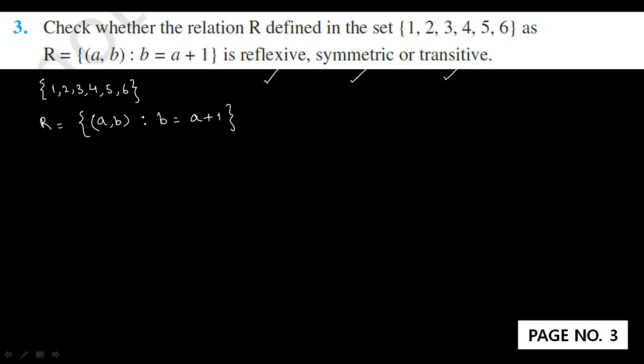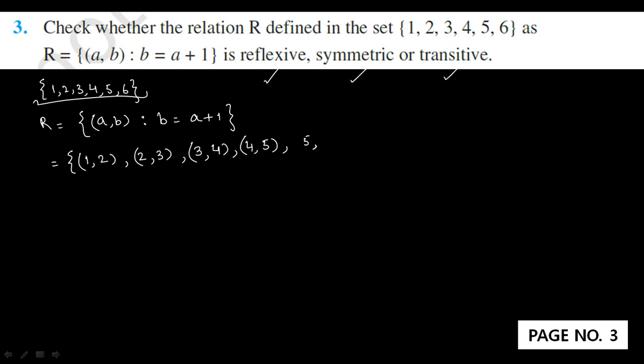Now, what are the various pairs depending upon these values? Now, the answer is 1, 2 and second is 2, 3. Third one is, if I insert 3, answer is equal to 4. Then 4, 5.